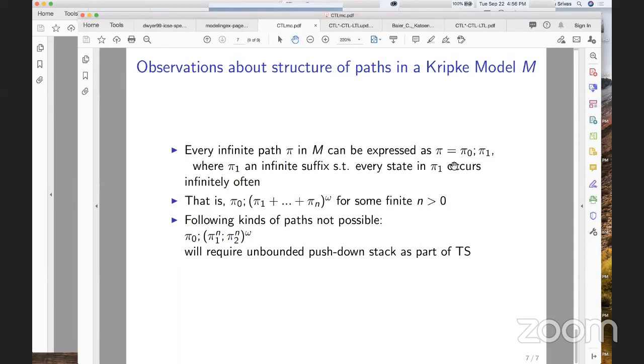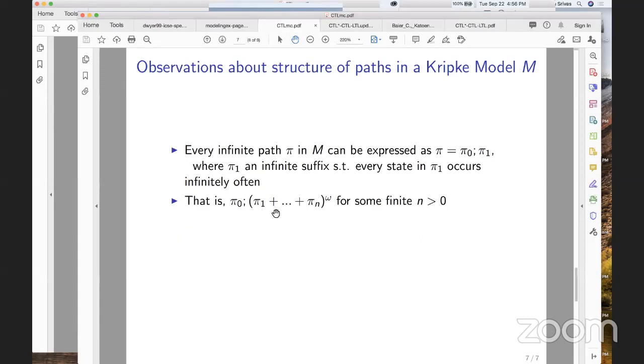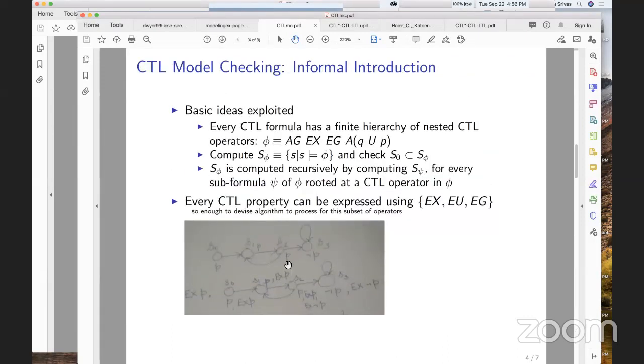That's what I'm saying. What you can have is all these things in various fashions. For example, in this, you cannot see this is a transition system.